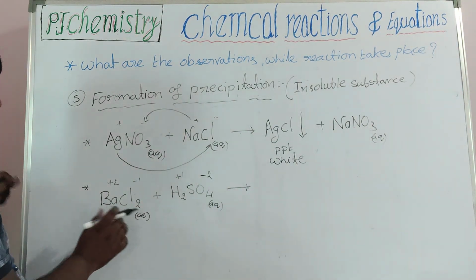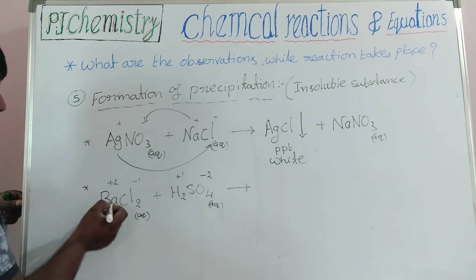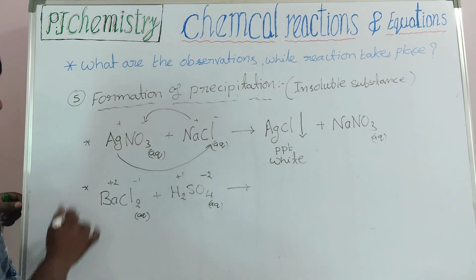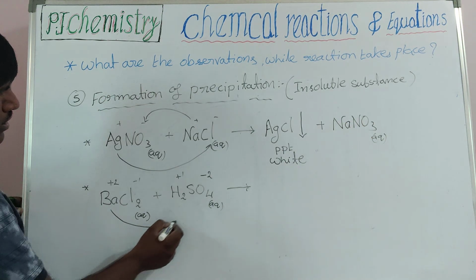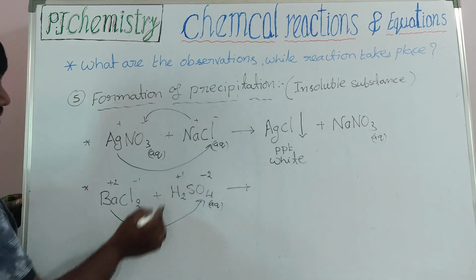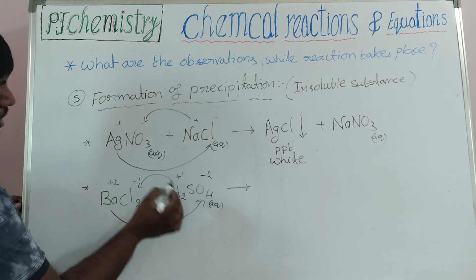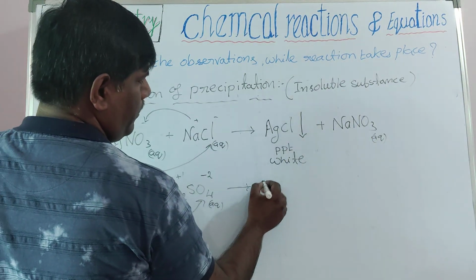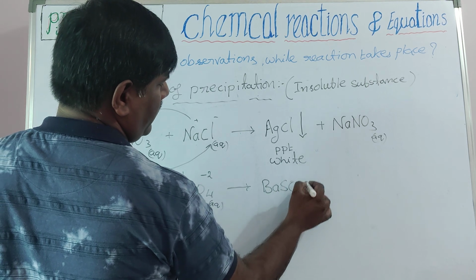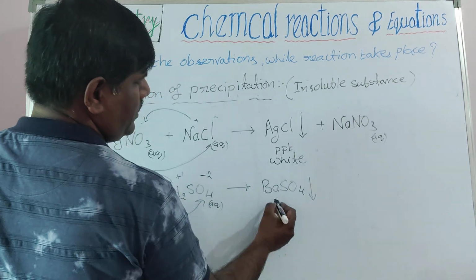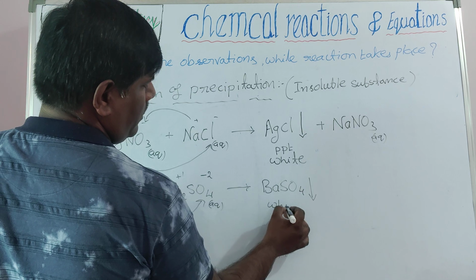Observe. Now exchanging the ions, in this plus with that minus, in that plus with this minus. BaSO4, HCl, like that. BaSO4, barium sulfate, an insoluble substance, white precipitate.